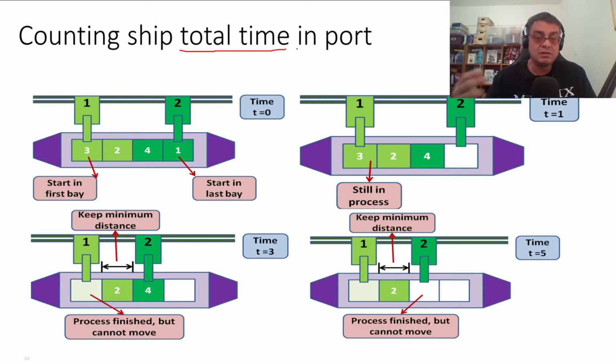How many containers is not that important, and we're going to see this exactly in this picture. Imagine that we have quay crane number one here, and we decide to operate this quay crane to move in this direction, and this second quay crane in this direction. We start at time 0, and it seems to be a very good idea to perform the operations like that.